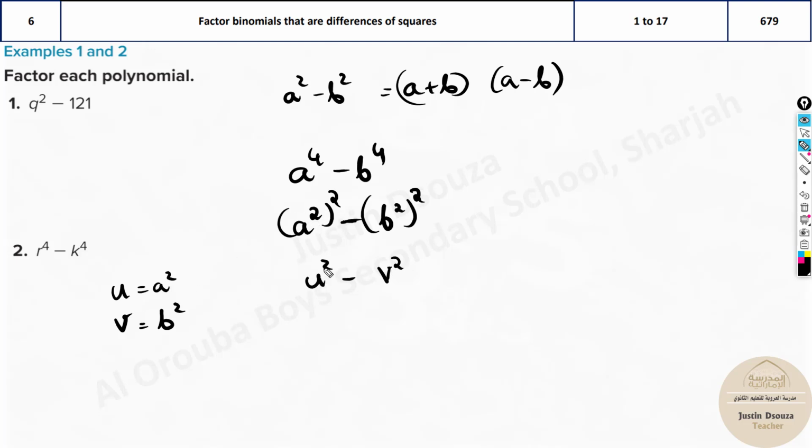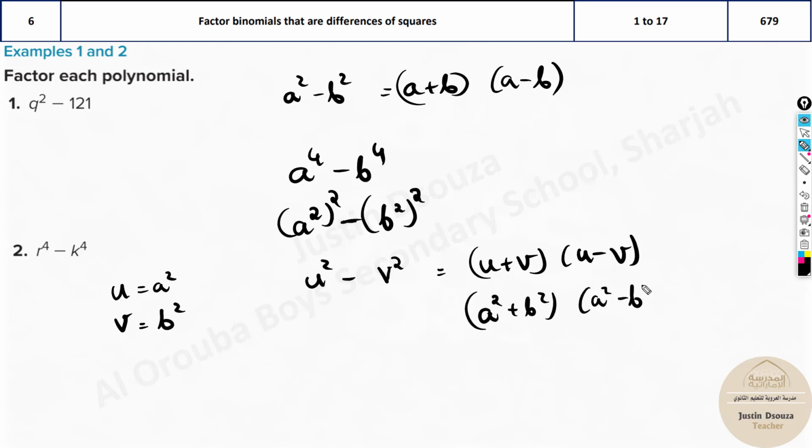Whatever is inside the bracket is u, and there was a square above it, and then I can use (u plus v)(u minus v). Actually, u is not u, it is a square, I had assumed it. So here basically you can do a square the whole square, so it would be (a square plus b square)(a square minus b square).